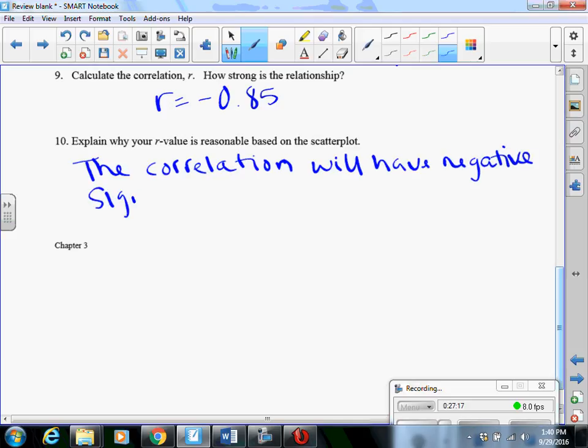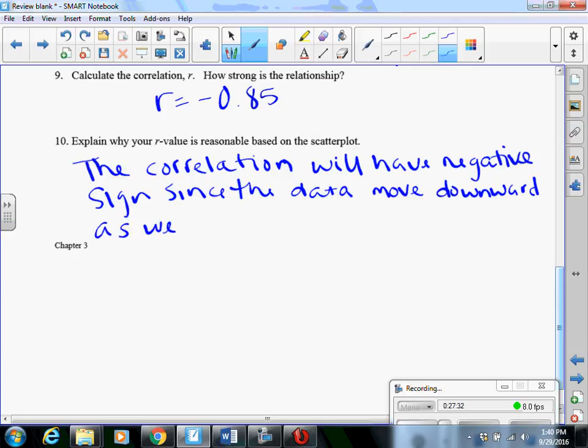Since it's going downward, since the data moves downward as we move to the right, okay?